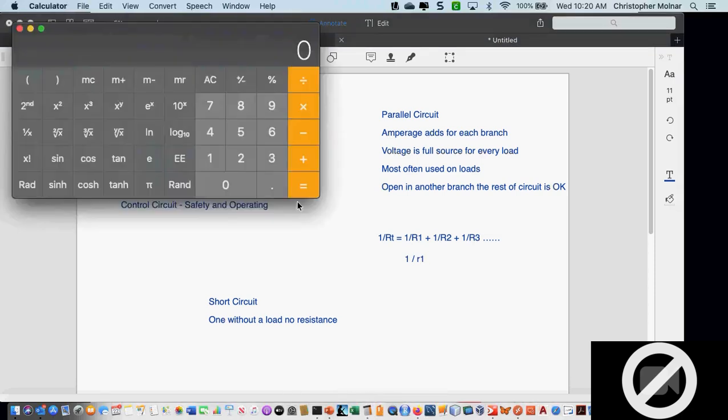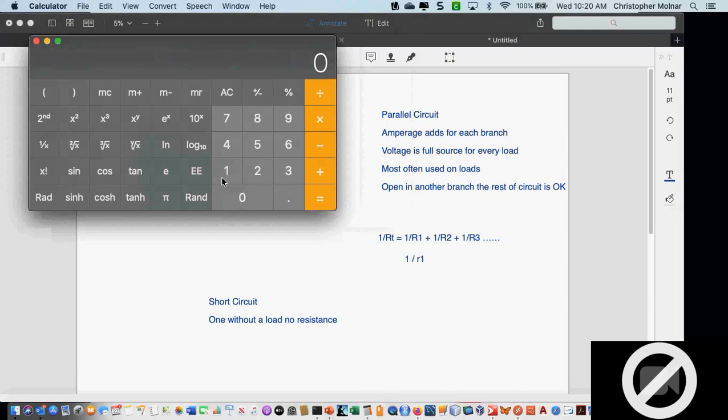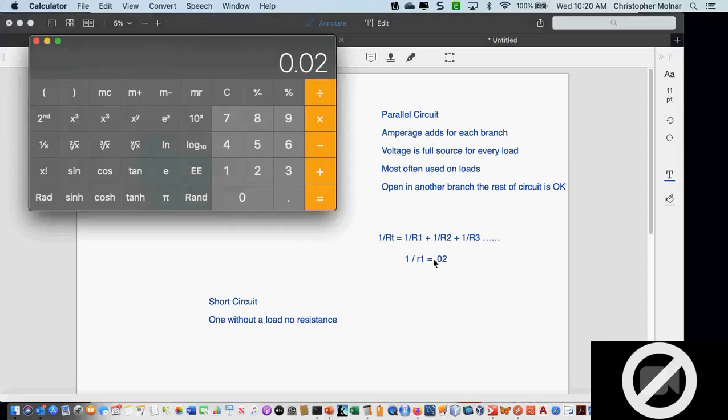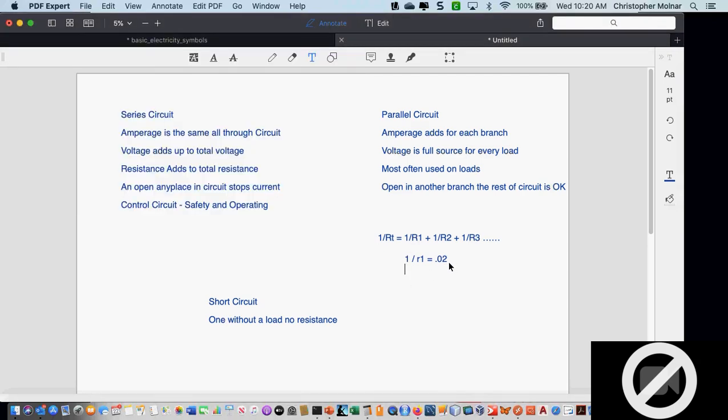If I have three resistances, let's say I have a 50 ohm resistor. I'm going to take 1 and divide it by 50, and I come up with a decimal of 0.02. Then let's say I have a 100 ohm resistance. 1 divided by 100 comes to 0.01.